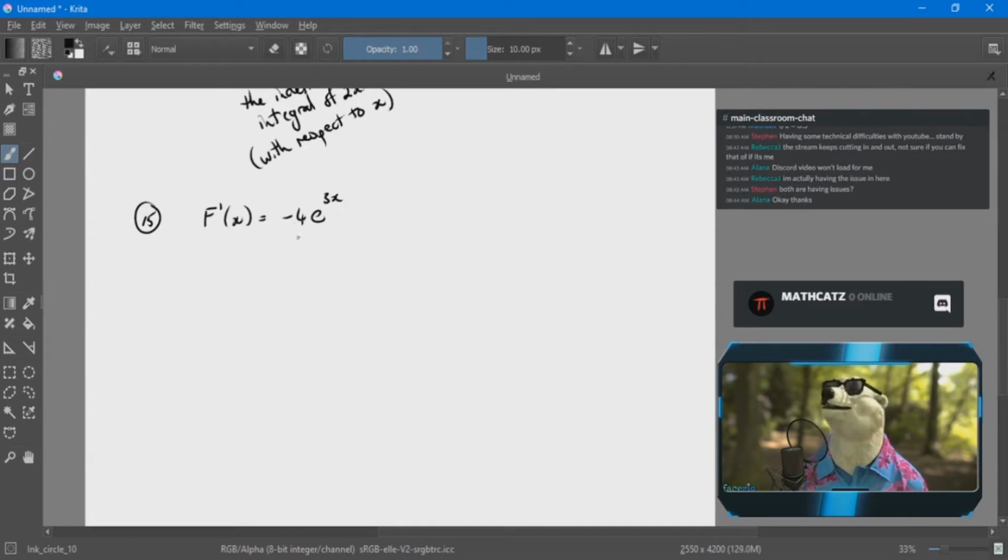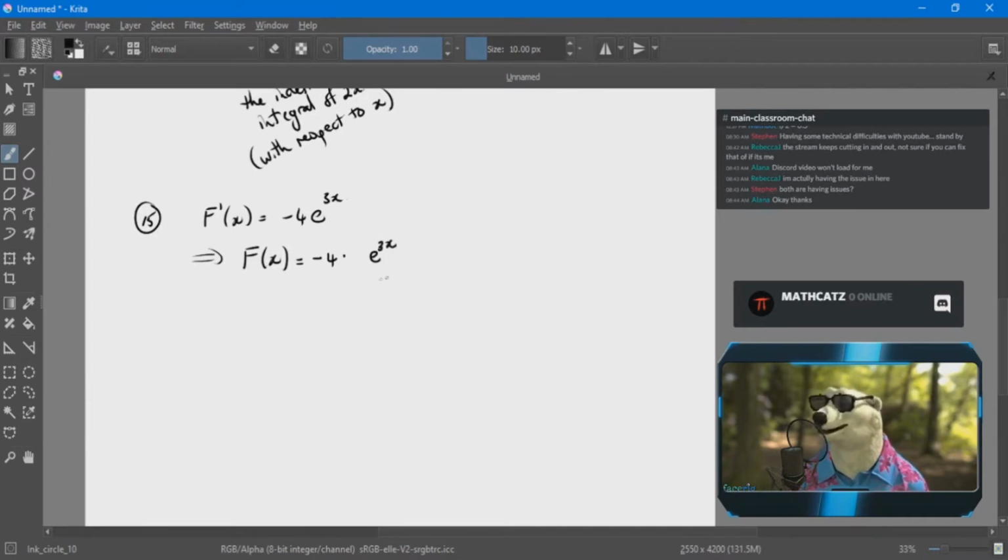We gave it a name and we then said, okay, the original function that would give me this as a derivative, let's bold that answer. I keep my negative 4 out of it. Now I'm interested in e to the 3x. Well, the only thing that can come from is e to the 3x itself.